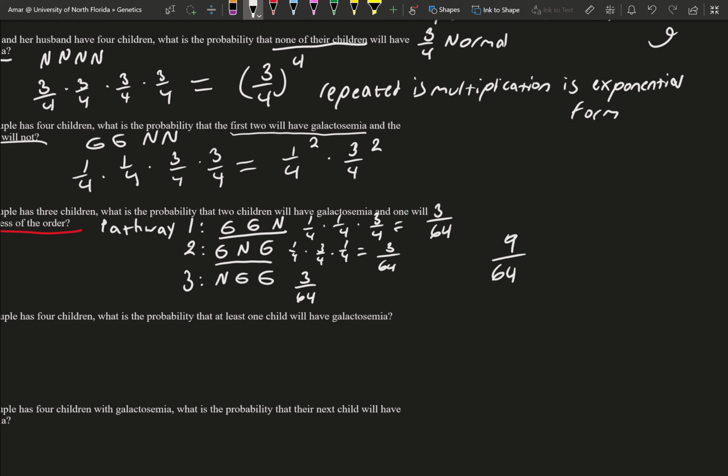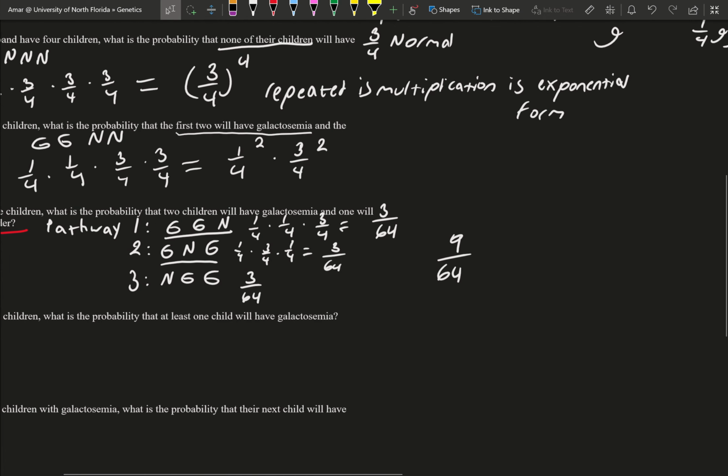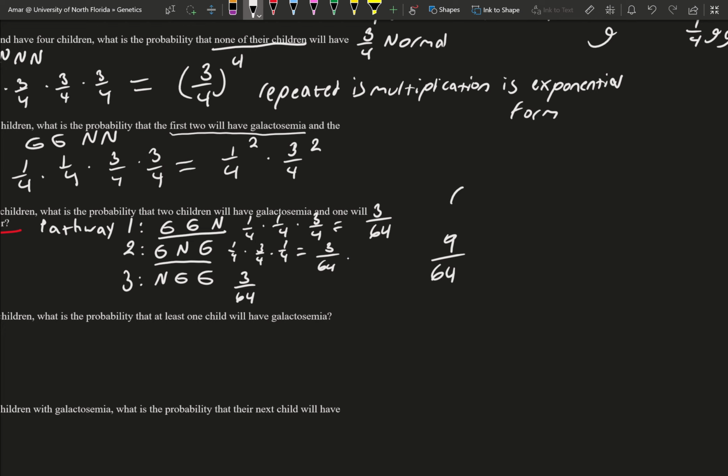Another way you may see this written down is that repeated addition is written down as multiplication.